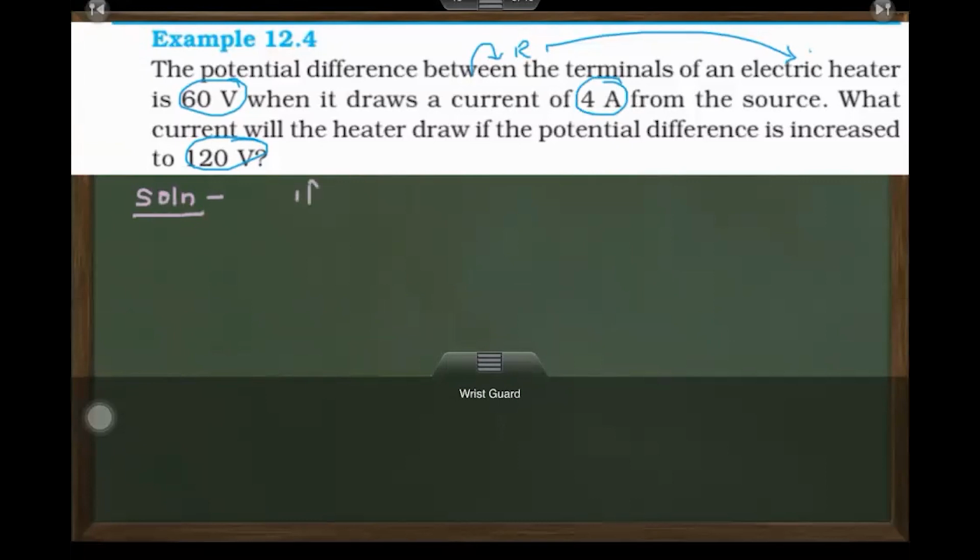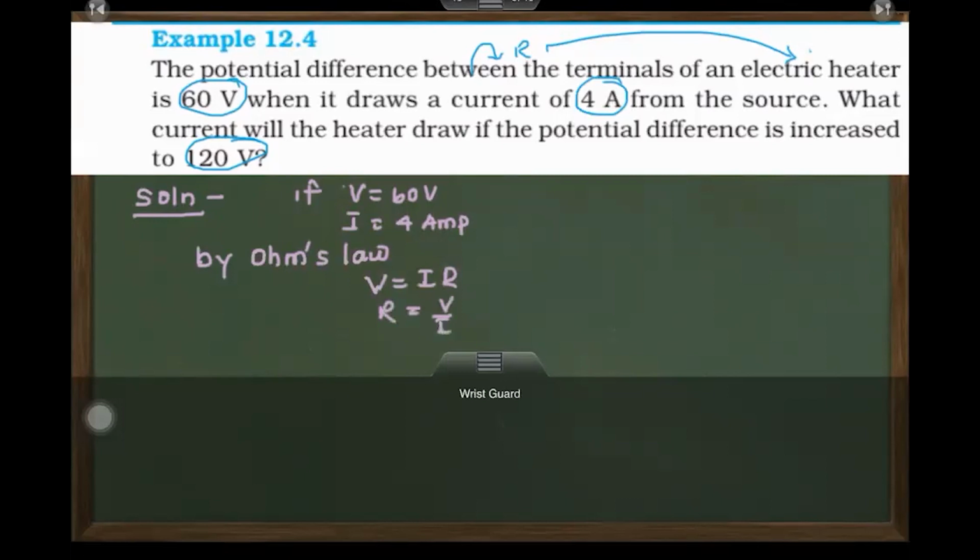If V is equal to 60 volt and I is equal to 4 ampere, then by Ohm's law, V is equal to I into R, and hence R is equal to V upon I, that is equal to 60 divided by 4 is equal to 15 ohm. And this will be the resistance of the electric heater.